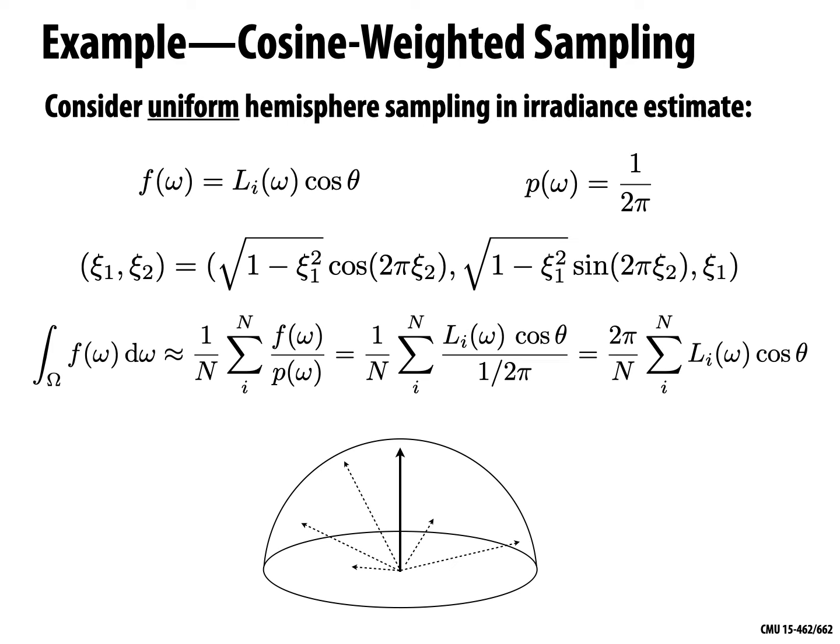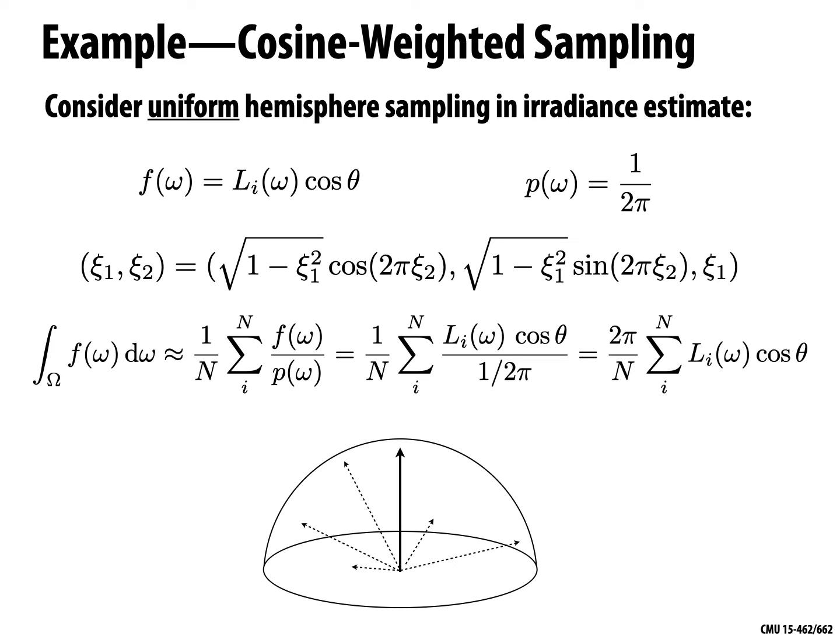And then we go ahead and write down our usual expression for our Monte Carlo estimate: 1 over n times the sum over the samples of the function value in the direction omega divided by the probability that we picked that direction. We can plug in the integrand here, L i of omega times cosine theta, divided by the probability, 1 over 2 pi, and we get 2 pi over n times the sum of samples.